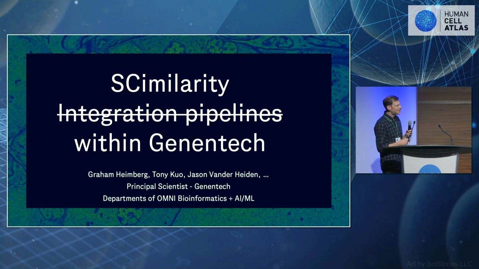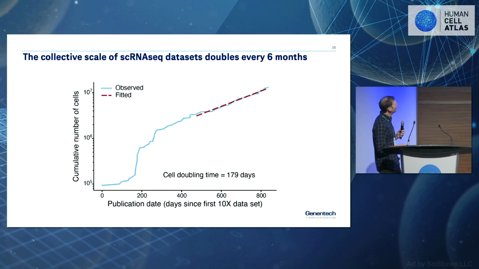Okay, so I work on a tool called SCimilarity, so I'm going to talk about that. To me, one of the key things about integrating single-cell genomics data, single-cell RNA-seq data, is the rapid growth and proliferation of this data.